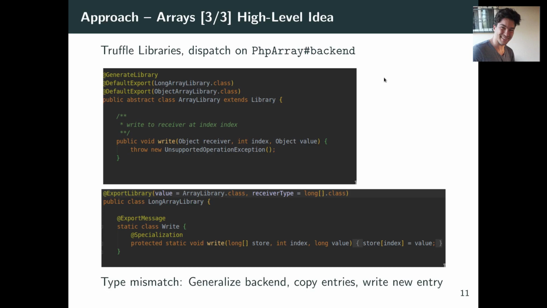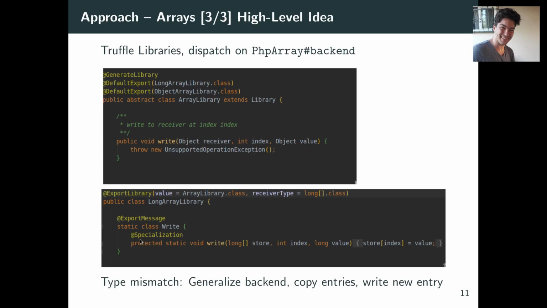Truffle libraries allow us to have polymorphic dispatch and caching for our arrays. So based on the types we have in our backend, we can select at runtime a Truffle library, which then can handle our storage representation. Truffle libraries can be understood as Java interfaces in a way, which together with Truffle's domain-specific language allow us to model a set of messages we want to support, and then implement a set of implementations for these messages.